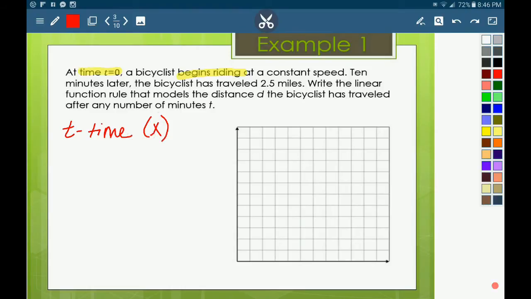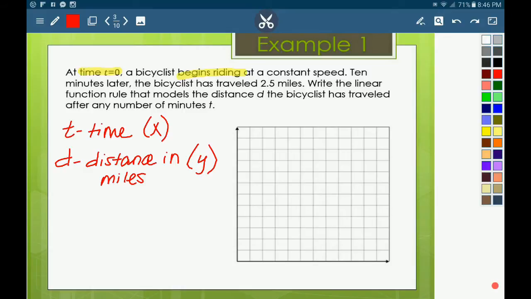And then we also have d for distance in miles, and that's going to act like our y value, or our dependent variable.